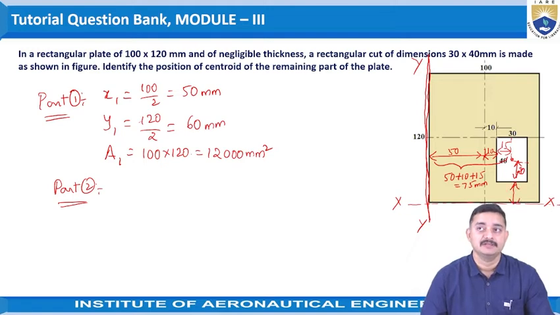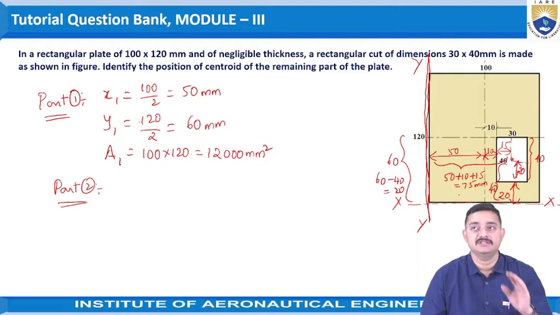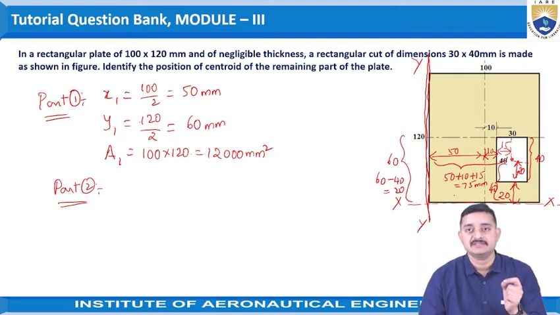We know that this total is 40. Hence, from this 60, if we subtract 40, that means 20 would be this length. So what would be the overall distance? 20 plus 20, that would be 40. So this is how we need to identify the distance of the centroid from the reference axis.